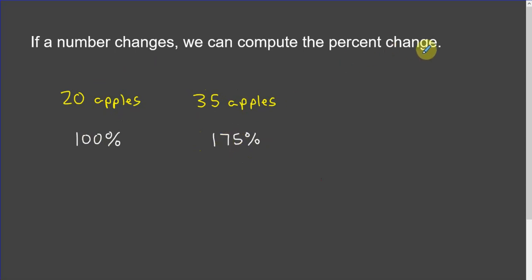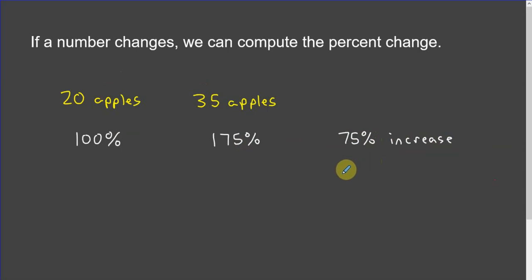Therefore, what was the percent change? The percent changed by 75%. So it was a 75% increase. The number of apples went up by 15, of course, but the percent went up by 75. So that's a 75% increase. And so that's the way that percent changes work.